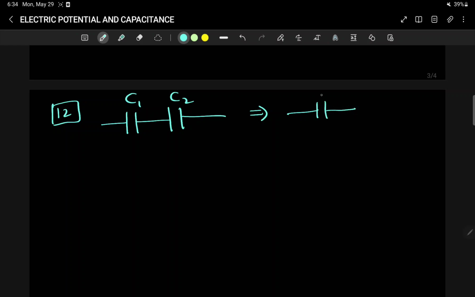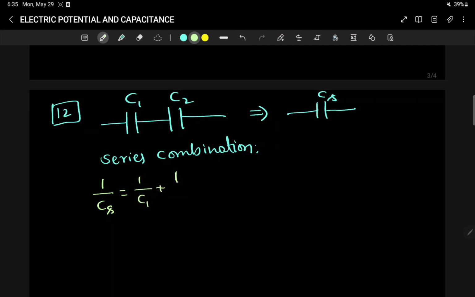Since they are connected in series, the capacitance of the equivalent capacitor is given by 1 by Cs is equal to 1 by C1 plus 1 by C2.